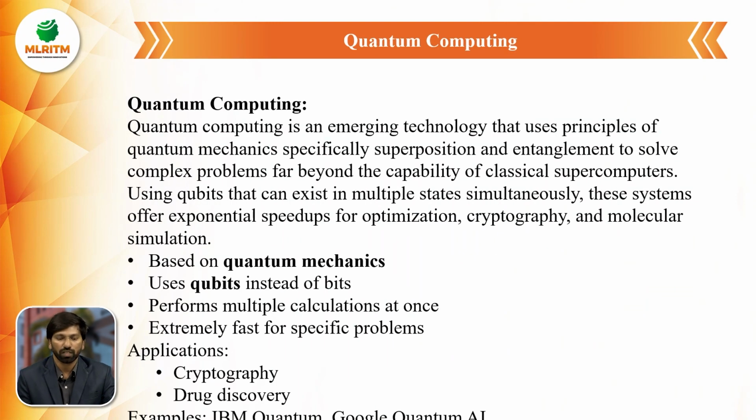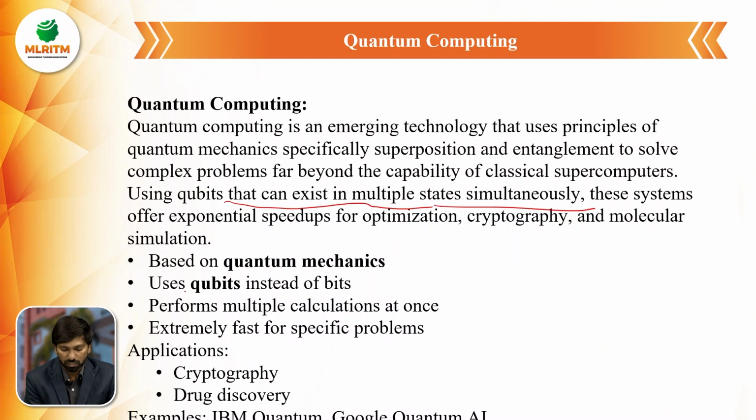Next one is quantum computing. Quantum computing is an emerging technology that uses principles of quantum mechanics, especially superposition and entanglement, to solve complex problems far beyond the capability of classical supercomputers, using qubits that can exist in multiple states simultaneously. Here we are using qubits instead of bits.